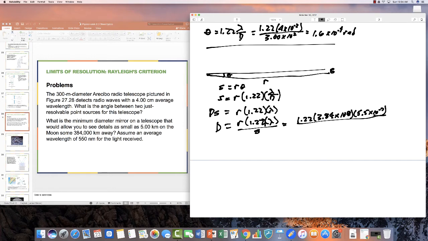And S is the distance between, which is 5 kilometers or 5,000 meters. If you do all this math, you get 0.051 meters or 5.1 centimeters as a minimum diameter on a telescope.